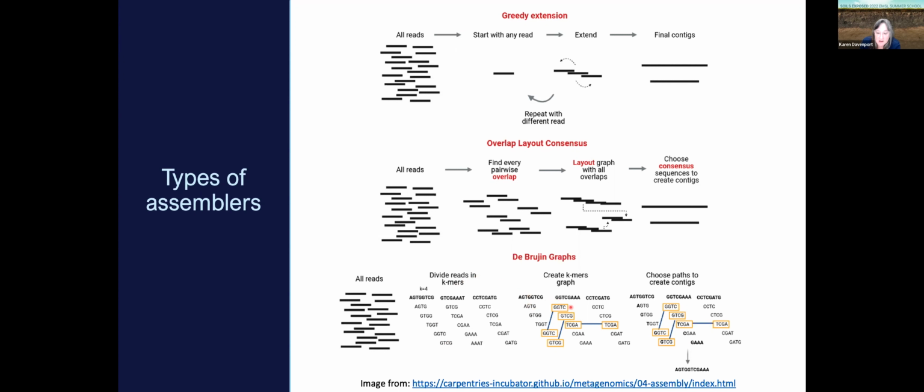Anyway, then it creates k-mer graphs, and then it tracks paths through those k-mer graphs to create the contigs. This particular way is computationally much less intensive than either of these methods, and therefore it's the only realistic type of assembler to use with the mountains of Illumina data that are generated for genomes and metagenomes today.